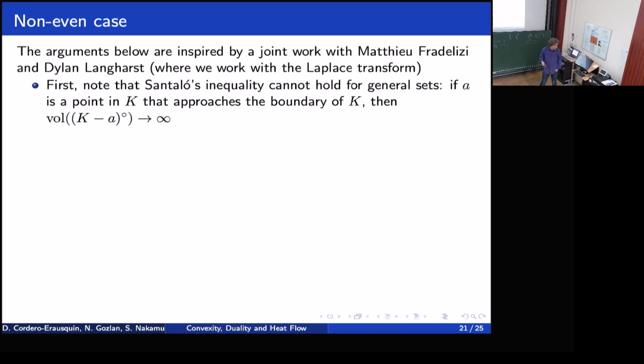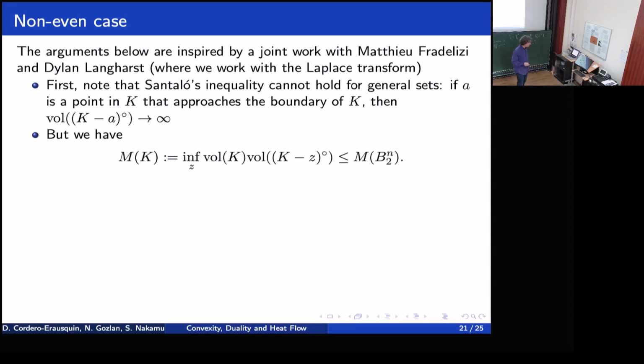So the simplest thing you can do is to look at the infimum over all translations. Right? You take the infimum over translations, so the volume here does not change, but this set changes. And indeed, it holds in this case that this is maximized by the Euclidean ball. Meyer and Pajor proved that this quantity increases under Steiner symmetrization.